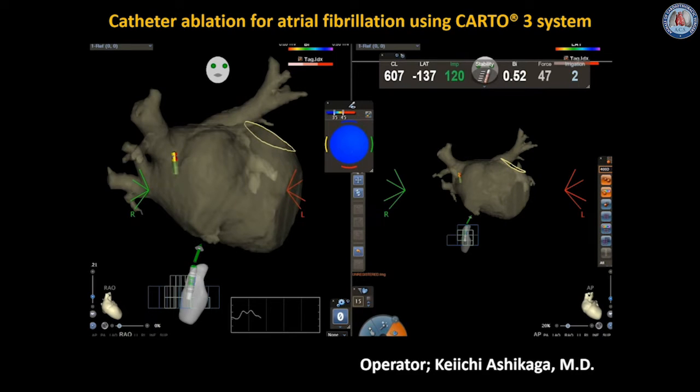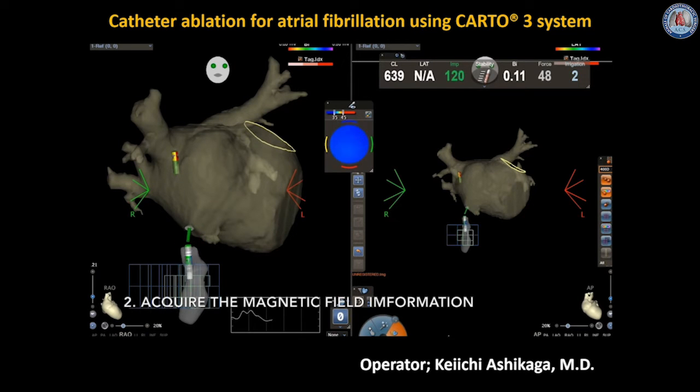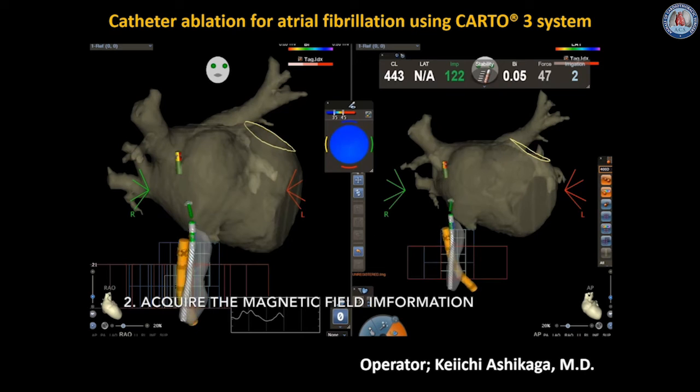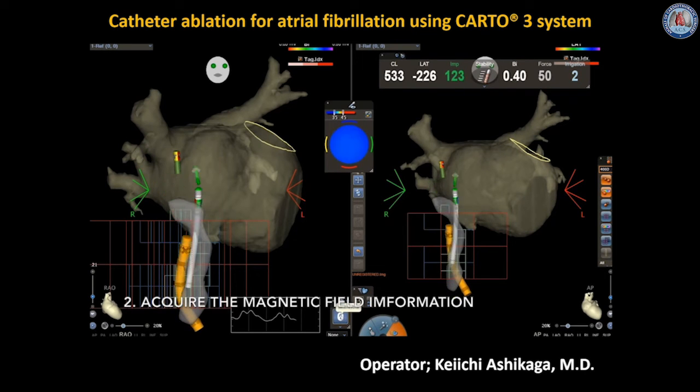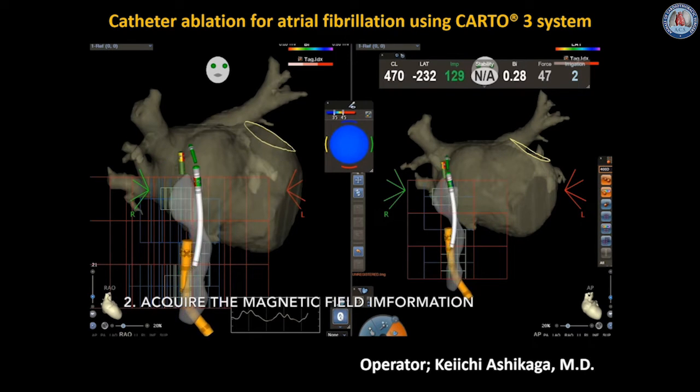As the next step of preparation, the magnetic field in the right atrium is now set under the guidance of the matched CT image by shifting the ablation catheter. Firstly, define the superior vena cava position and then move the catheter down to the lower position of the right atrium.